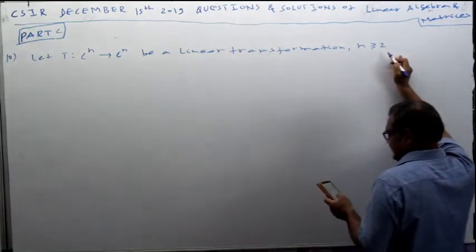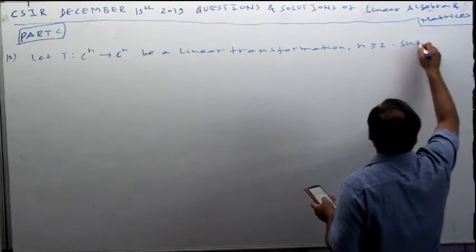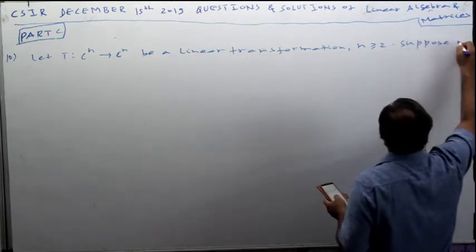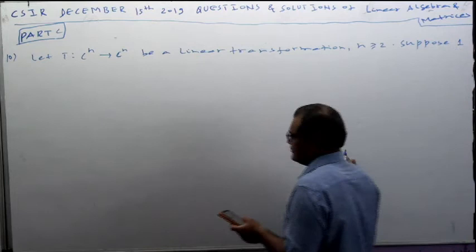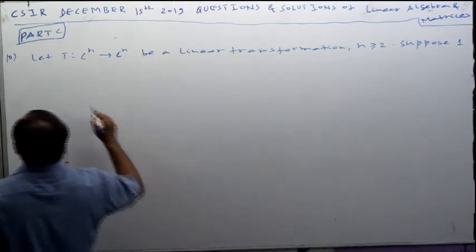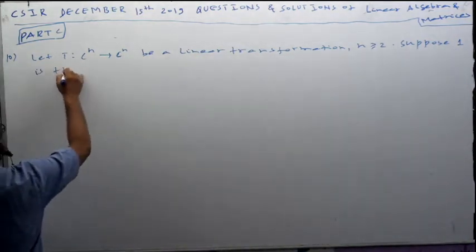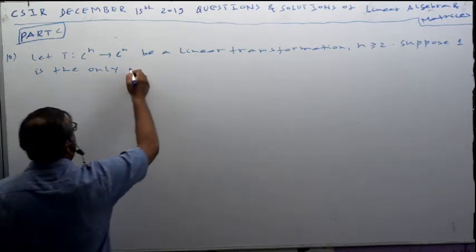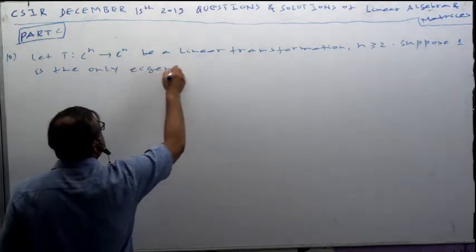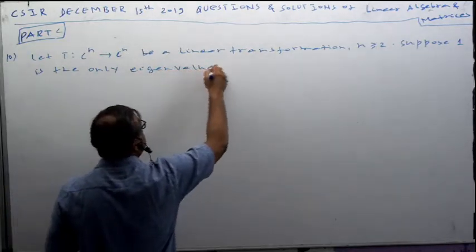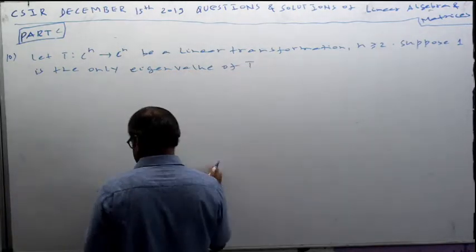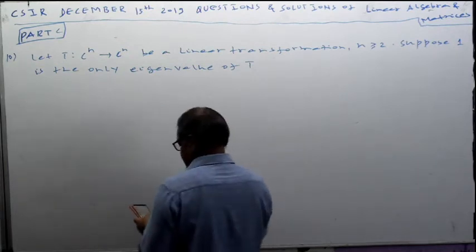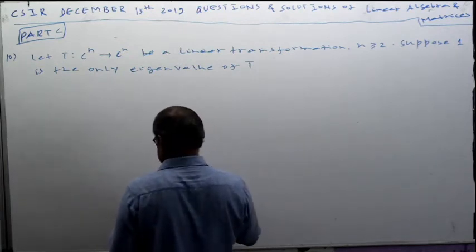Suppose 1 is the only eigenvalue of T. Which of the following statements are true?